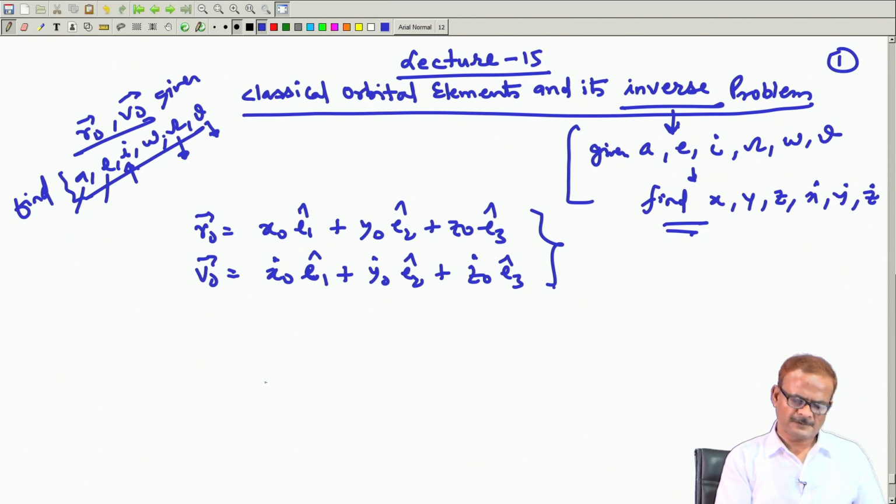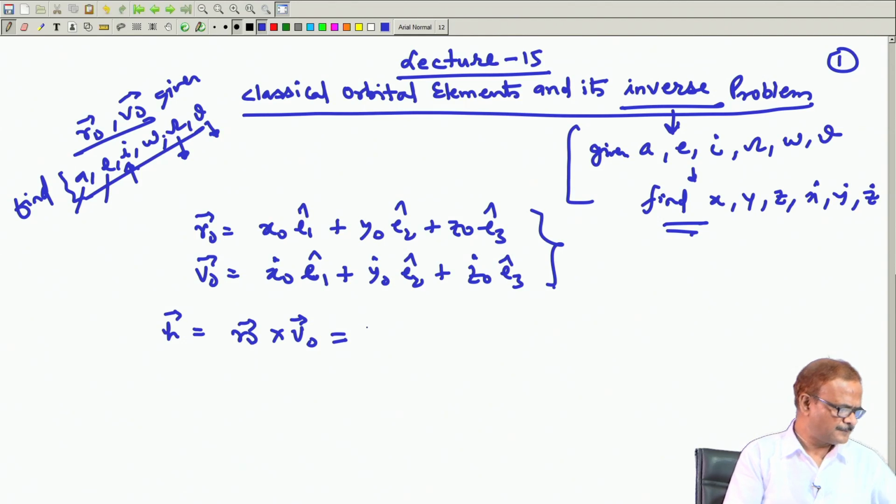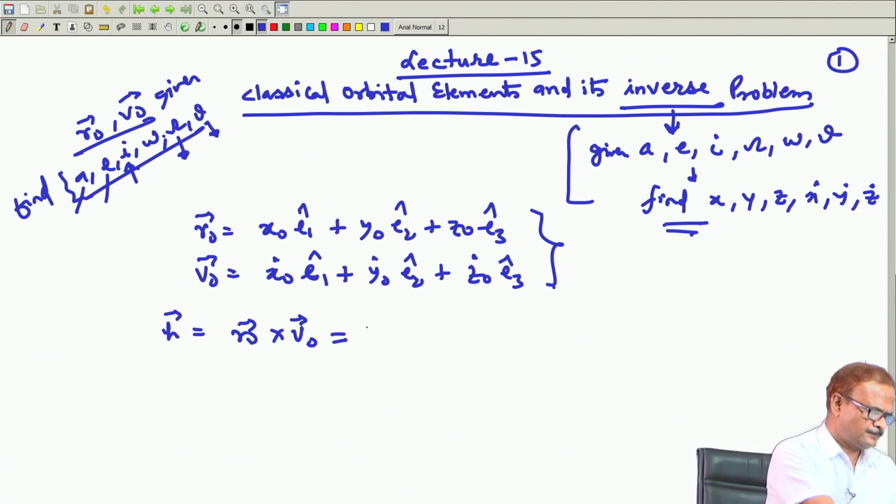And from there I have to derive H, which we have already derived, which is R 0 cross V 0, and that we have written as this expression. It's difficult to remember, but if you know the basic principle you can always work it out.